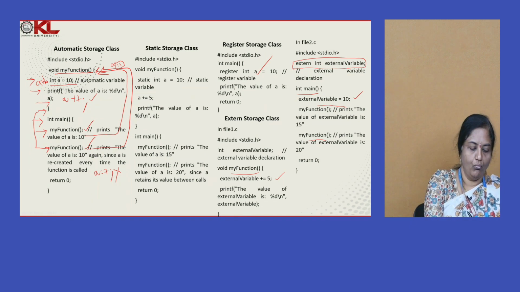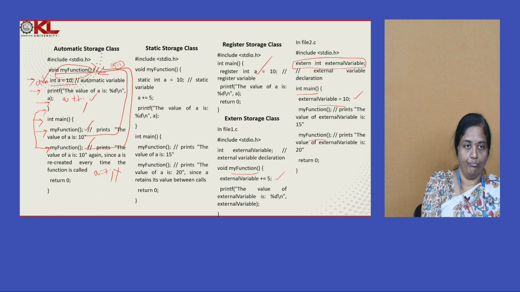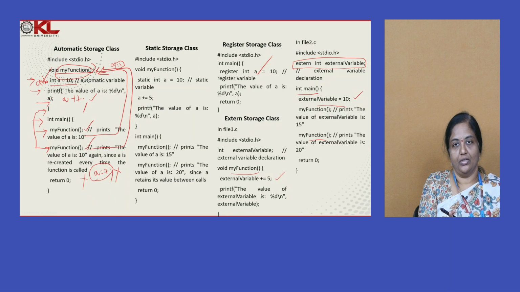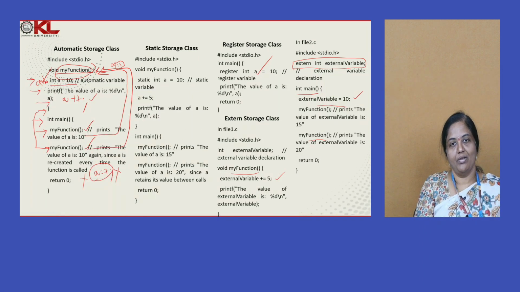Whereas A is owned by my function. Here in this auto, it cannot be accessed by outside functions. It is wrong. Why? Because it is an auto. Observe, with a simple keyword, its accessibility and its lifetime change. That is, you are restricting their access and lifetime by a simple word.